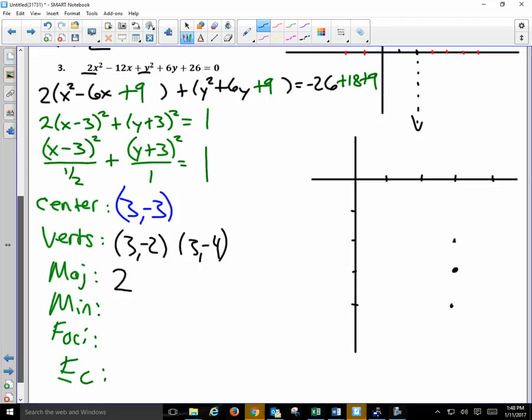What is the square root of 1/2? It's not 1/4. 1/4 times 1/4 is 1/16. It's not 2. 2 times 2 is 4, not 1/2. So you get 1 over the root of 2, which is the same as root of 2 over 2.